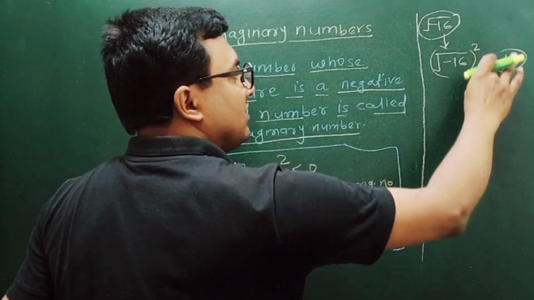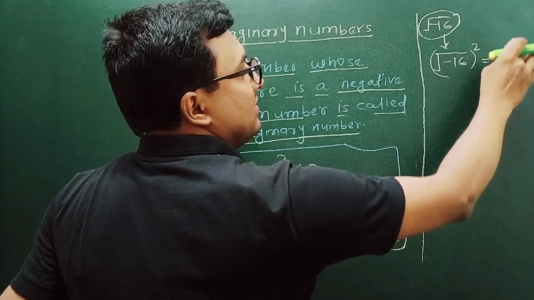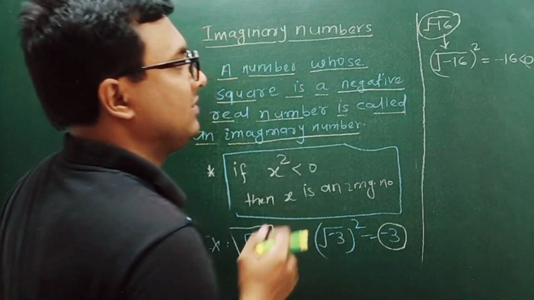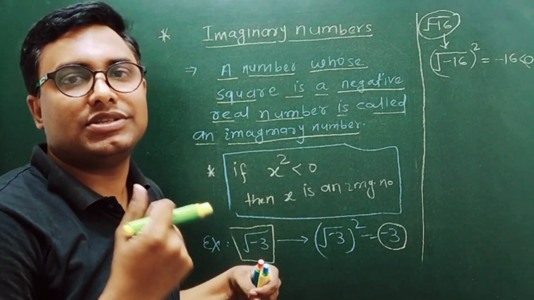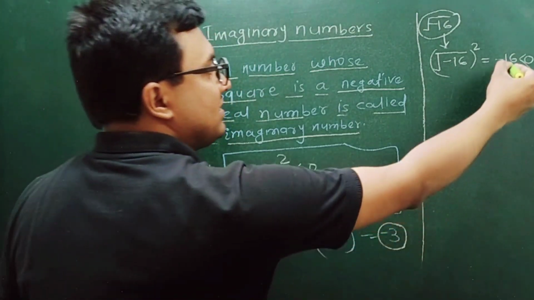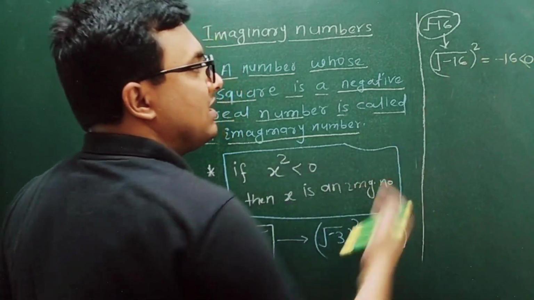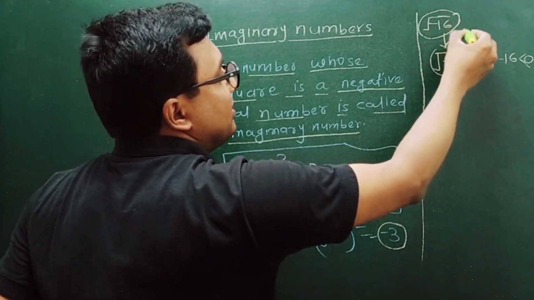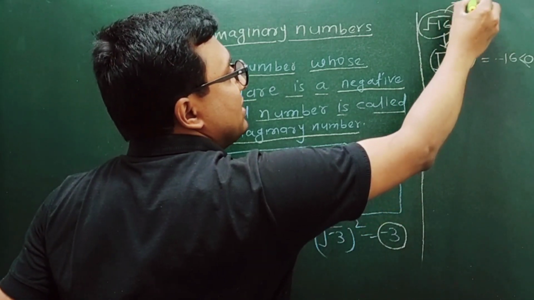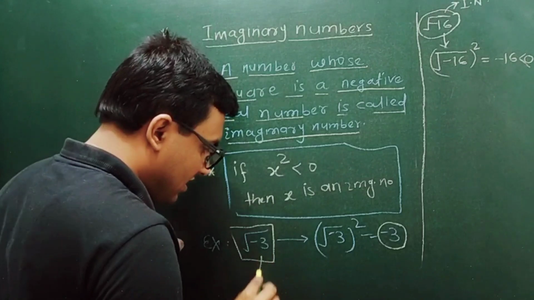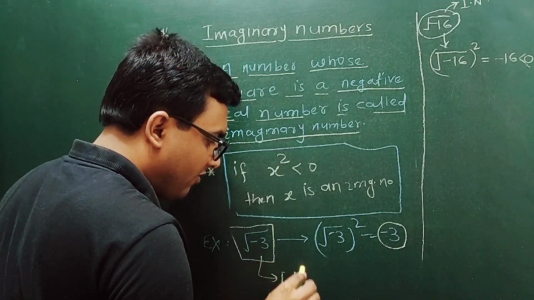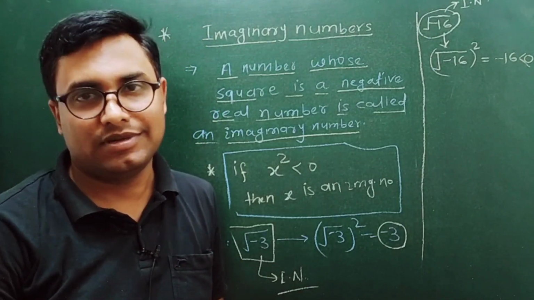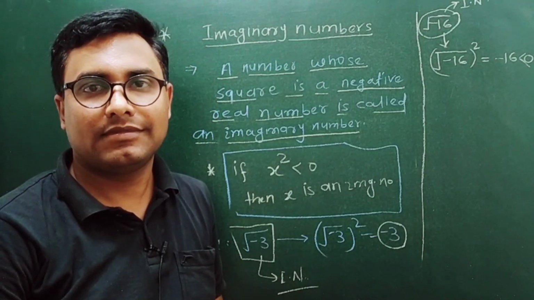We can write minus 16 is less than 0. So root under minus 16 is an imaginary number. I hope you understand what an imaginary number is. Clear?